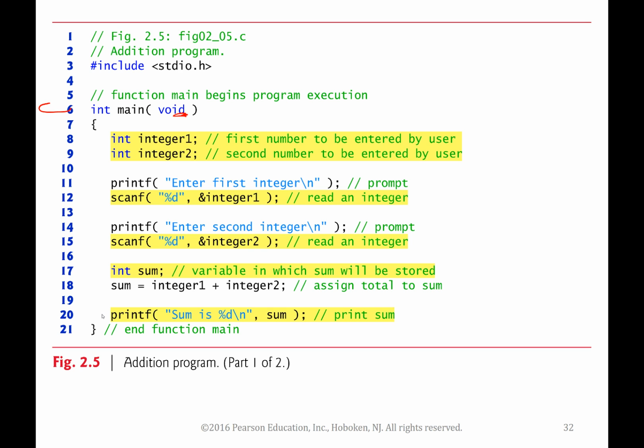So it can be declared anywhere after the opening brace, and this is the opening brace right here, and this line here. So I could stick int sum anywhere there, as long as it's before it's used. Now, like here, integer 1, integer 2, I could stick those lines after these print statements if I wanted, right before they're used.